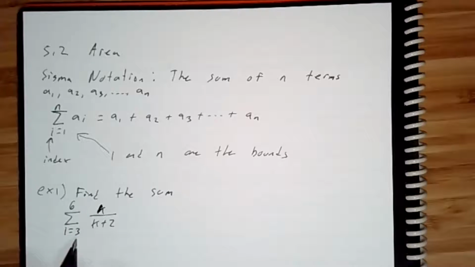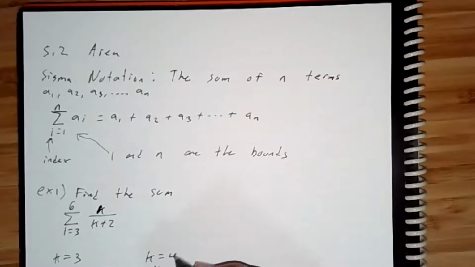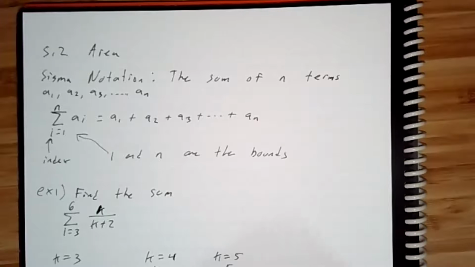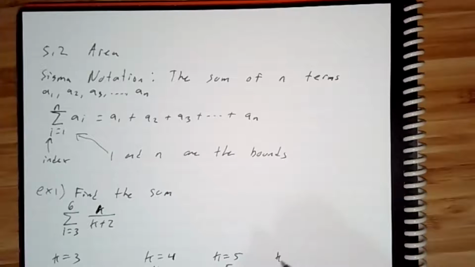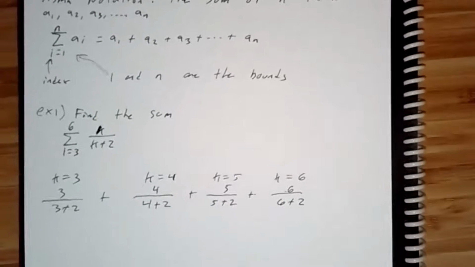I'm starting at 3 and going all the way till 6. So k equal to 3 would be 3 over 3 plus 2, plus the next term, 4 over 4 plus 2, plus 5 over 5 plus 2, and then 6 over 6 plus 2.